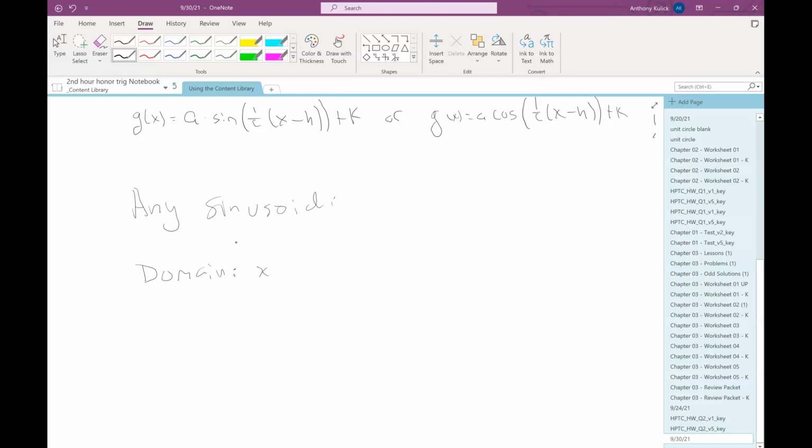None of those things are going to affect the domain, right? If we had infinitely many x's we could put in, there's no way we can lose an x value by doing something like that, right? The graph is never going to tear and create a hole in it by doing any kind of one of those transformations. Does that make sense? So the domain is still going to be all real numbers because sine or cosine's domain was all real numbers.